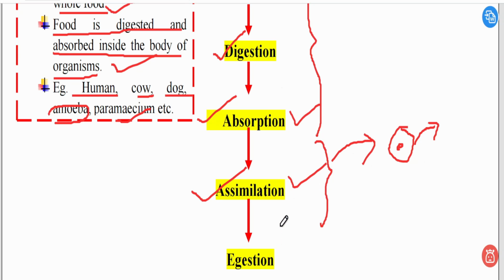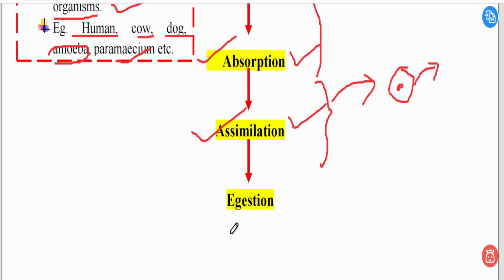Then after assimilation, we see the last phase of Holozoic Nutrition, which is called egestion. It is the process where the unwanted or undigested food is removed out of the body of the organism.